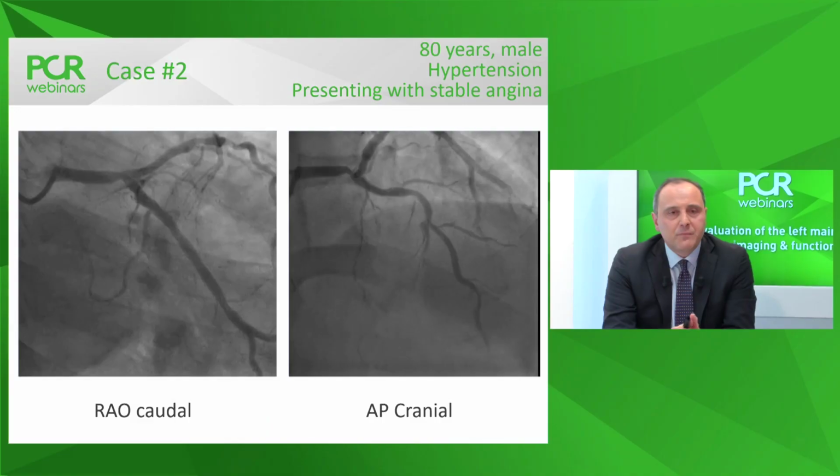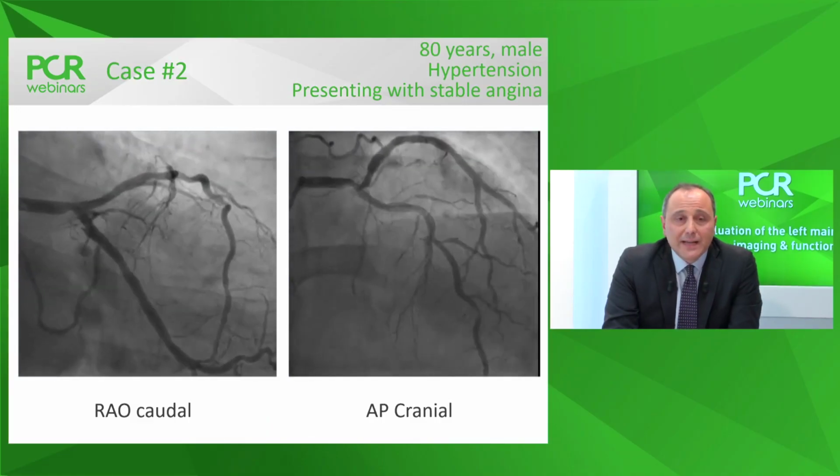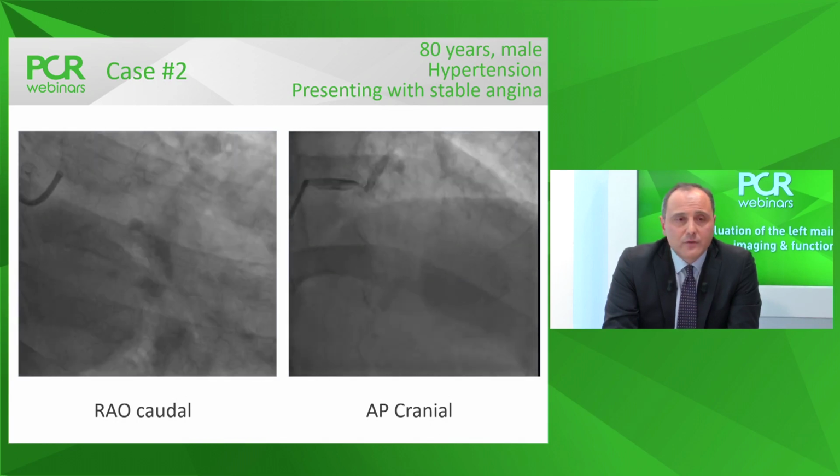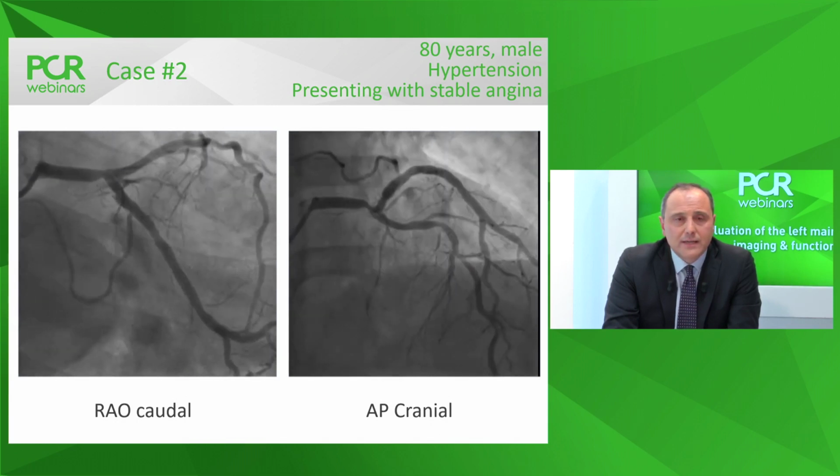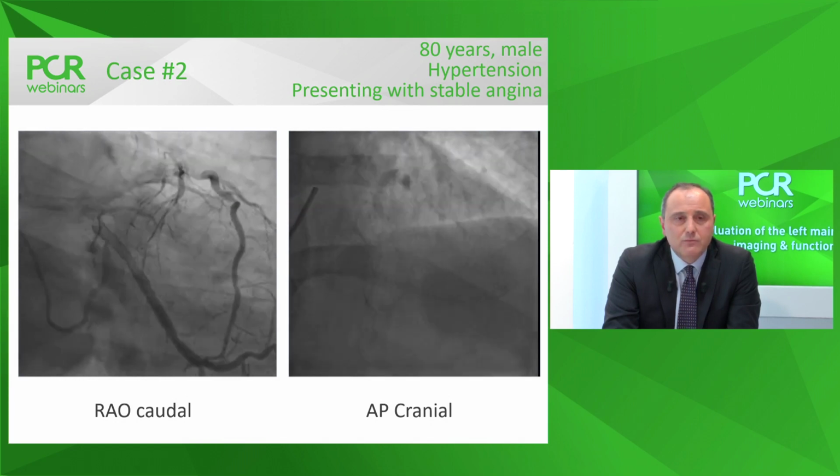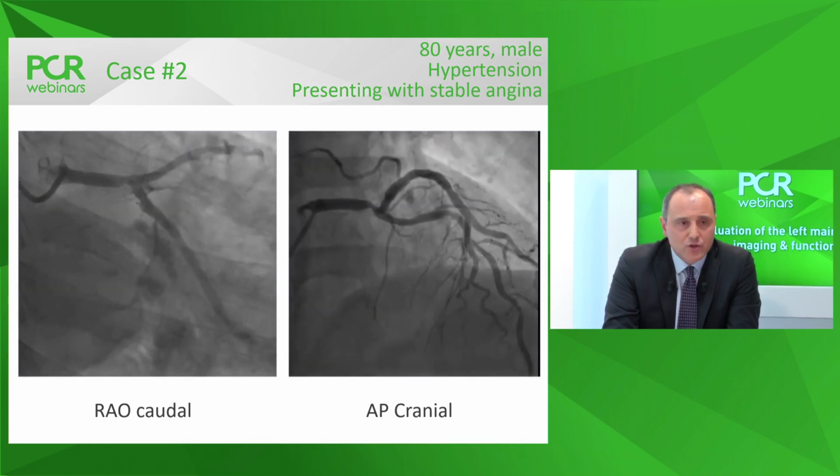Let me move to the following slide. Here we have an elderly patient, not like the previous one, 80 years old in the case of Alaide, with hypertension, presenting again with stable angina.